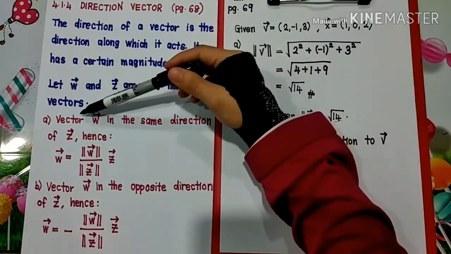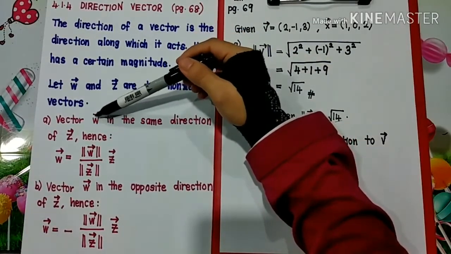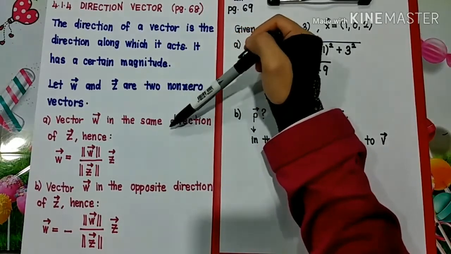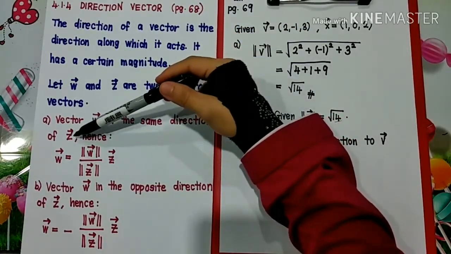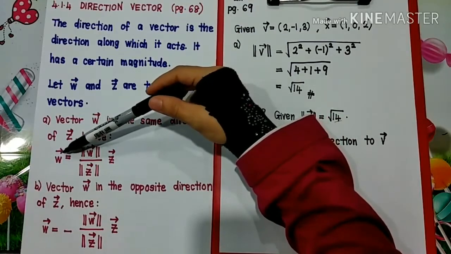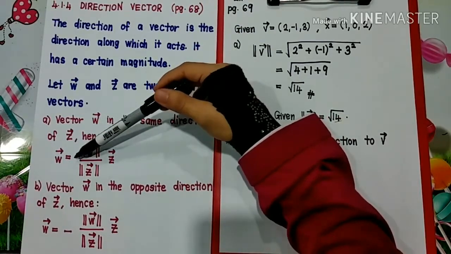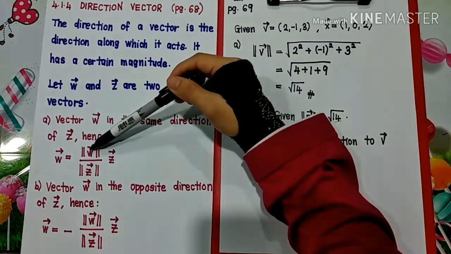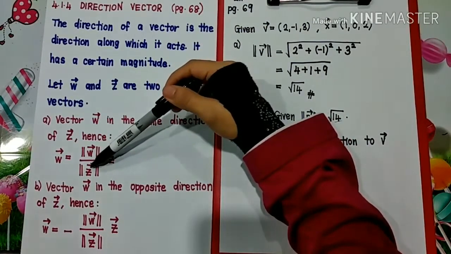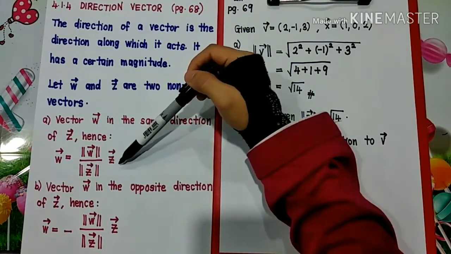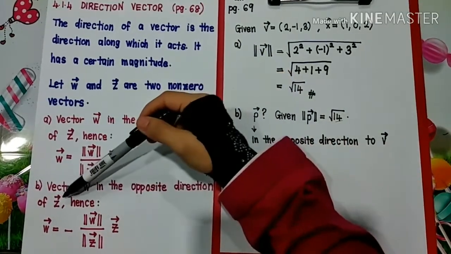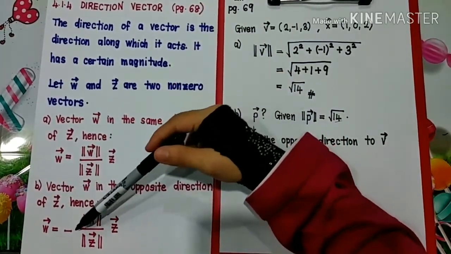If you can read here, vector W, this means you want to find the vector W in the same direction as vector Z. So the formula will be W equal to positive, the magnitude of W divided by the magnitude of Z, and then you multiply with the vector Z. But if W is in the opposite direction to Z, we put negative.